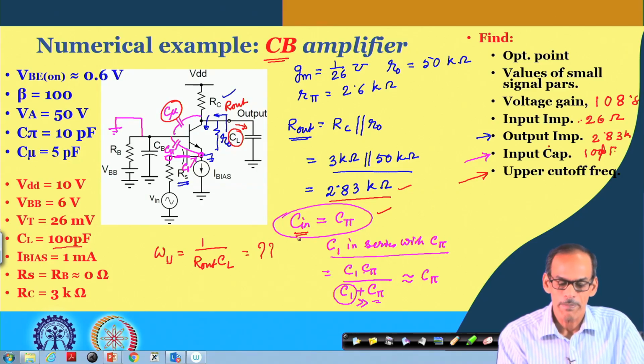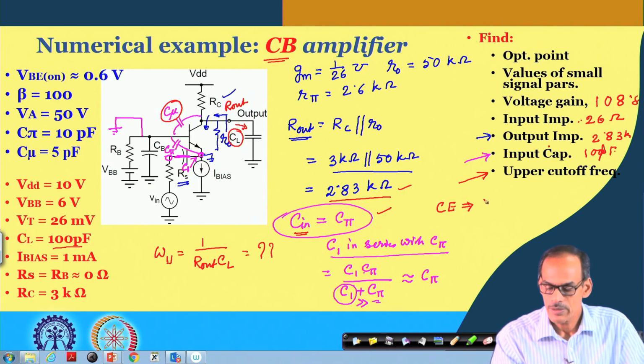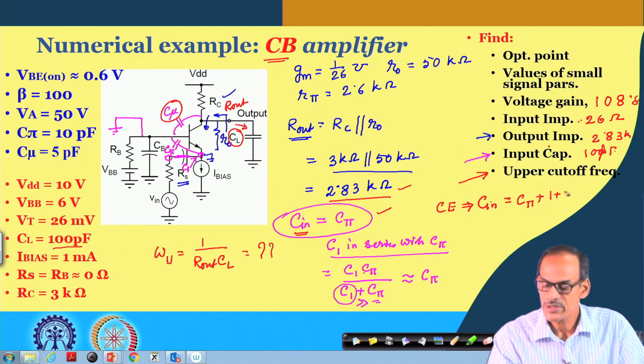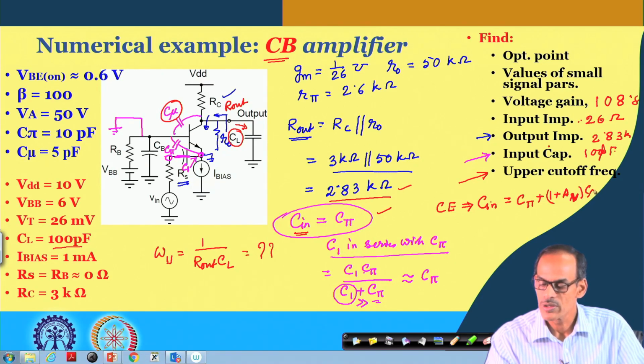If you compare this common base and common emitter amplifier, and if you recall, for common emitter amplifiers the input capacitance was C pi plus the Miller affected C mu, which is 1 plus A V times C mu.